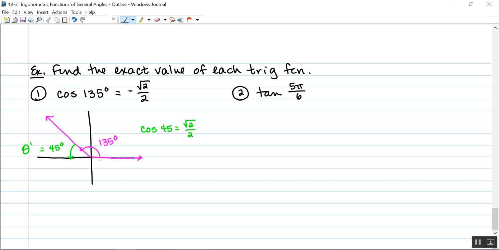Okay, let's do tangent of 5 pi over 6. Again, I'm going to draw a sketch. And 5 pi over 6. So remember, from here all the way over, so that's pi over 2, but all the way around is pi, but I only need to go 5/6 of the way.